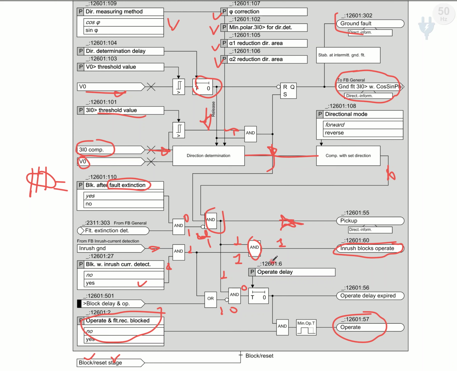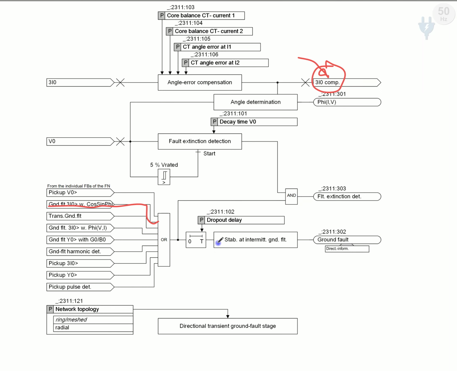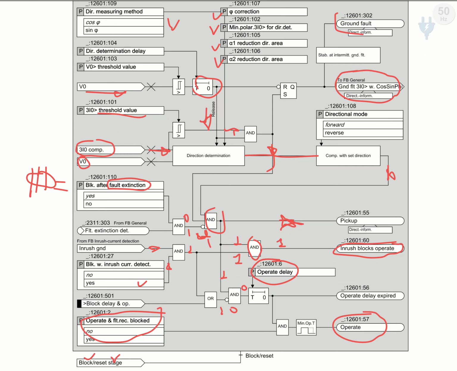The operation delay, we give this delay around 300 milliseconds or 100 milliseconds, so that our operation is delayed. And the dropout is on our main function. This is the dropout delay. The dropout delay is on our main function, and the operate delay for this function of 3I0 by measuring sine or cosine is on the stage itself.